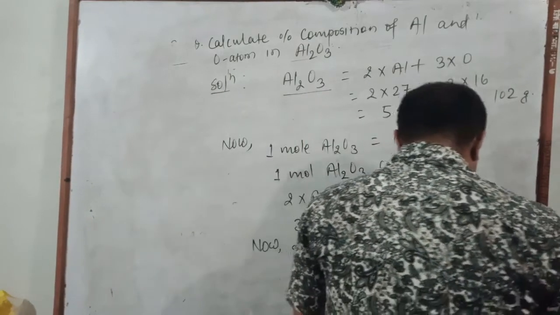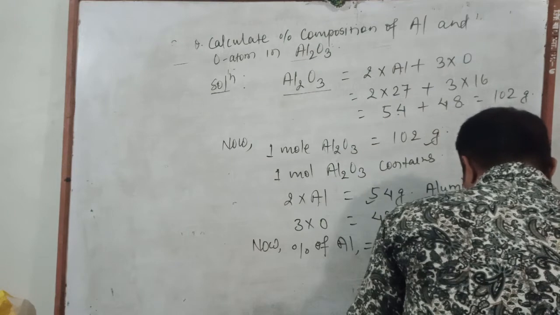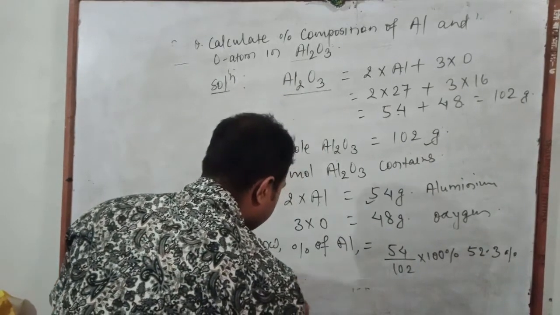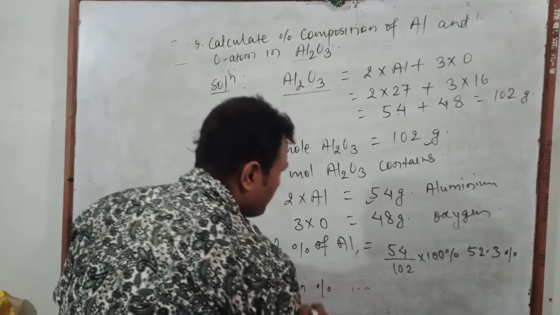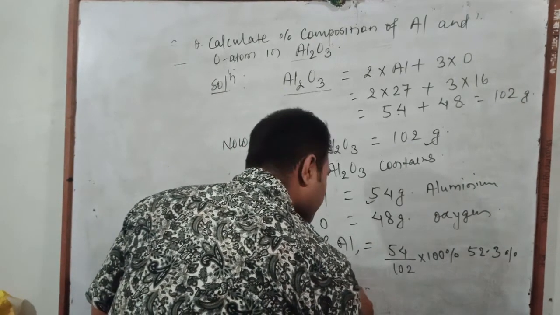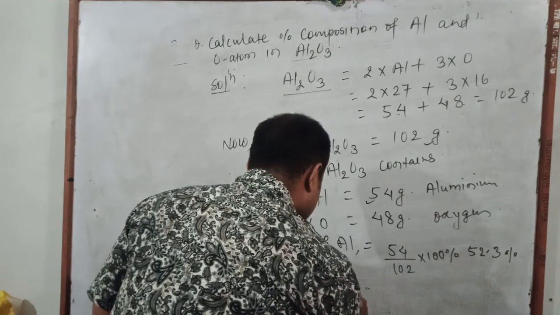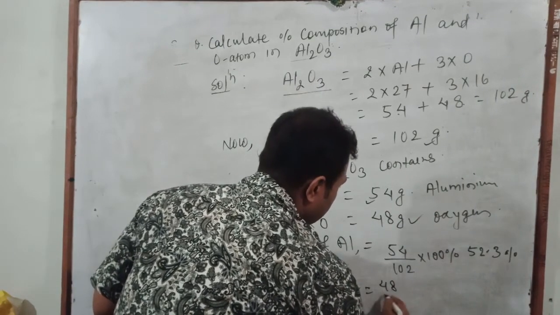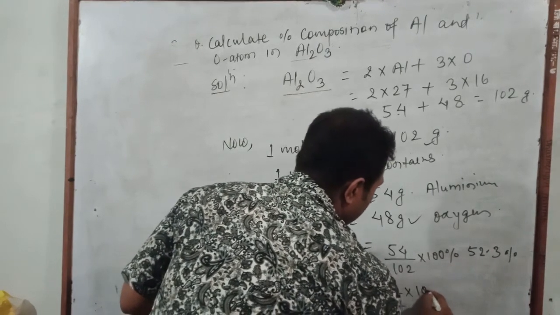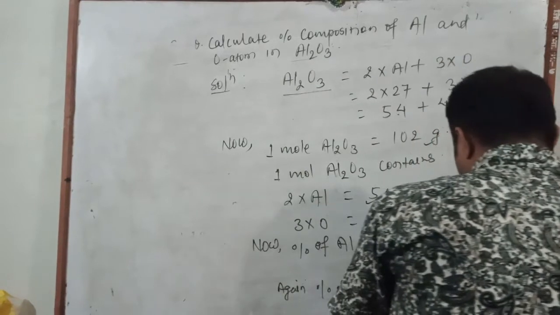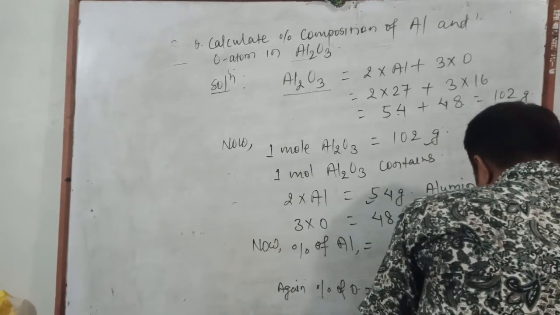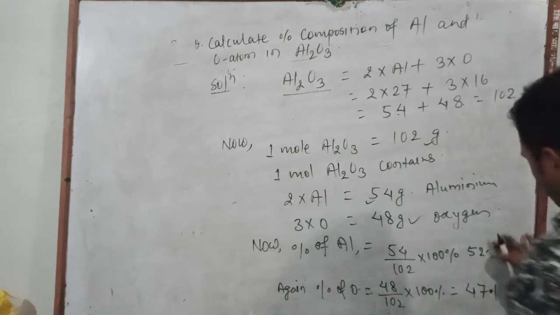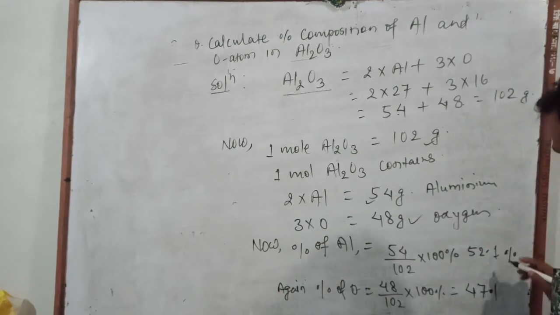When we divide that, we get nearly 52.9% of aluminum. Again, the percentage composition of oxygen is 48 divided by 102 into 100%, and when we divide that we get nearly 47.1%.